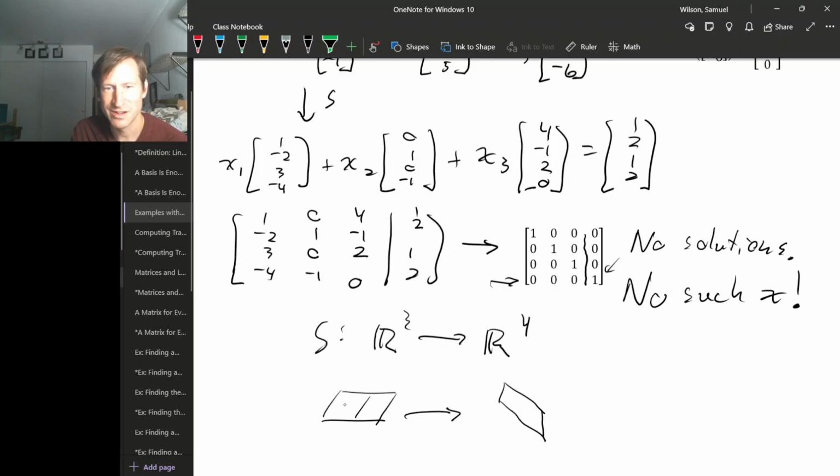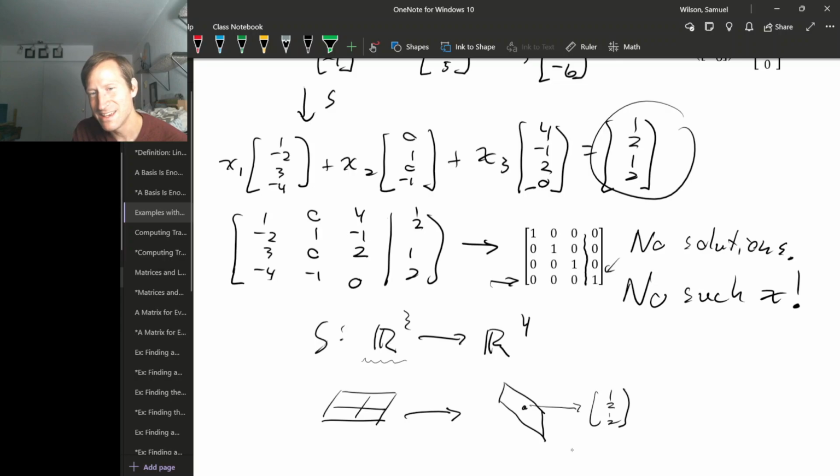Here, this two-dimensional thing is standing in for R3. This linear transformation puts it over in this higher dimensional space, but the output vector we were looking for is just not in the subspace that is the image of this linear transformation.